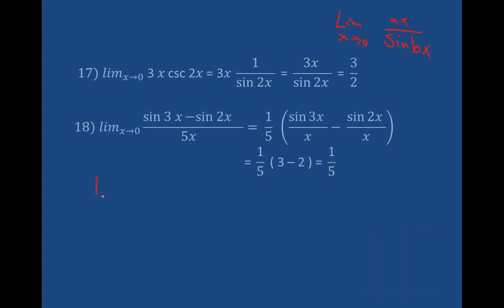Then the limit will be 1 over 5 multiplied by 3 minus the limit of sine 2x over x, which equals 2. Then the value of the limit equals 1 over 5.